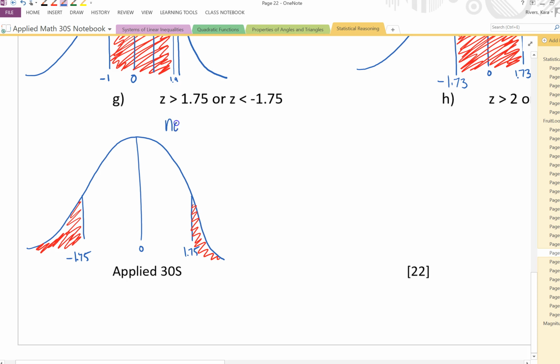We would have our normal CDF from negative E99 to negative 1.75, and that would give us this area, and then we would do it again.